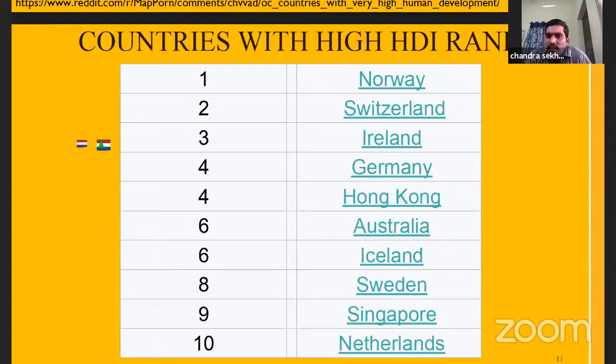So who got the top 10 ranks? We can understand that in those countries, per capita income is high, average life expectancy is also high, and mean years of schooling is also very high.